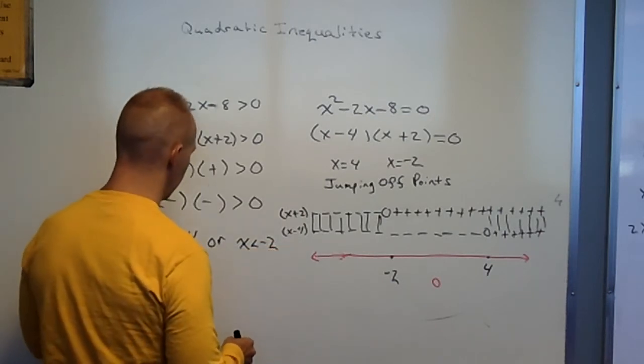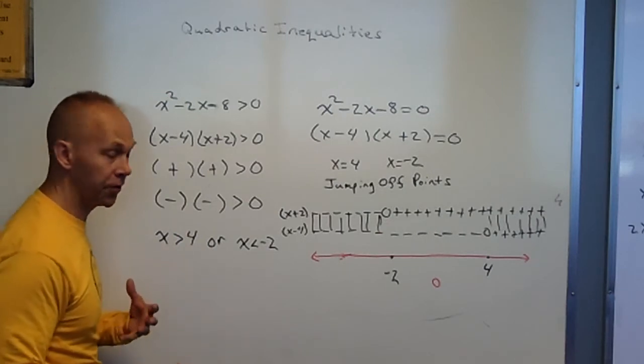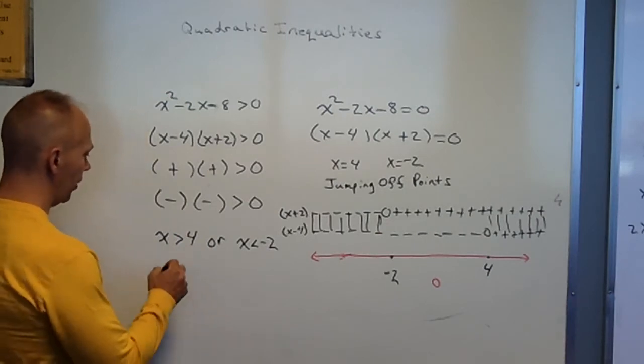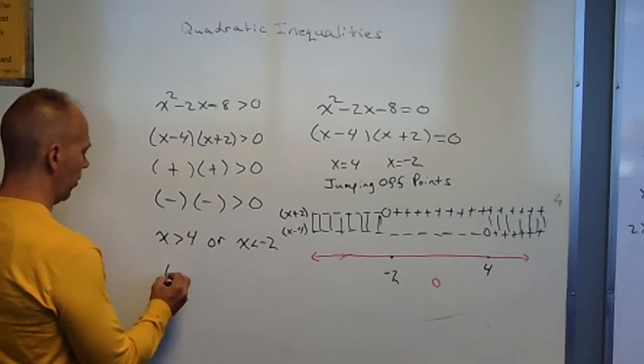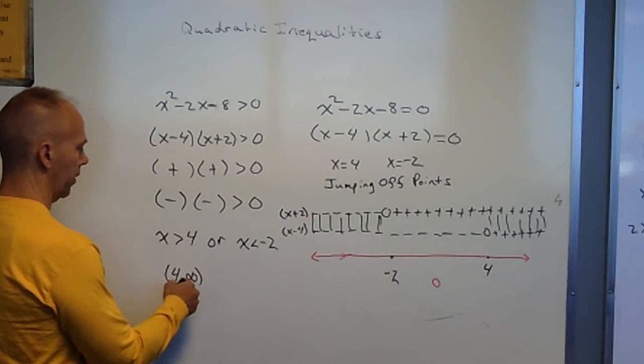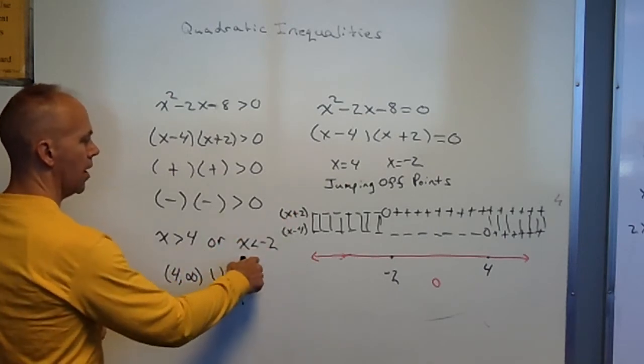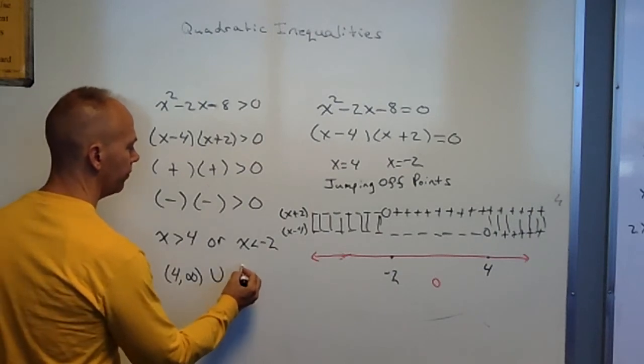And I would want to write this in interval notation. And so I'd write x greater than 4, that would be from 4, left limit, 4, right limit going to infinity, or means union, x less than -2.